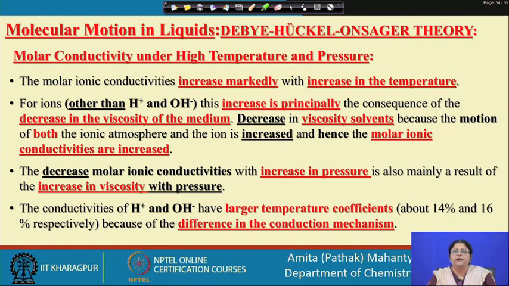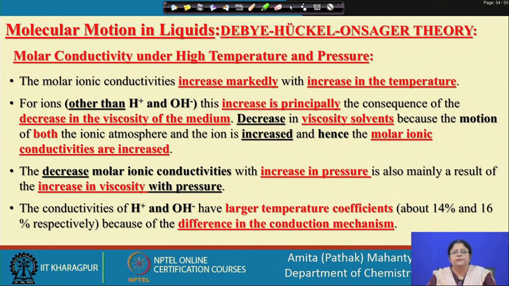When you have a thinner medium, the coefficient of viscosity is lower, so the ions and the ionic atmosphere can move faster, and the ionic mobilities are going to be increased.